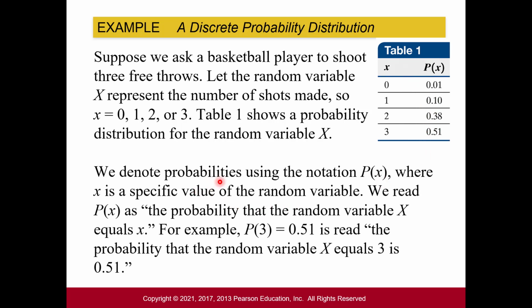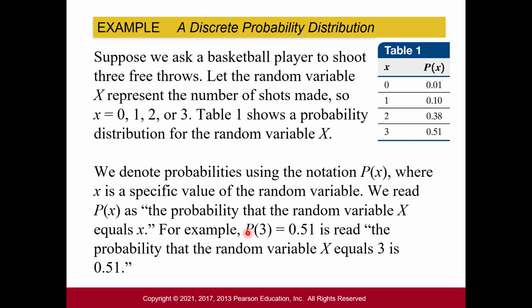So we denote probabilities using our P of x notation, where x is a specific value of our random variable. So we would say P of x is the probability that the random variable X equals little x. You don't have to really say little x, but I'm just distinguishing between our capital X and our little x here.